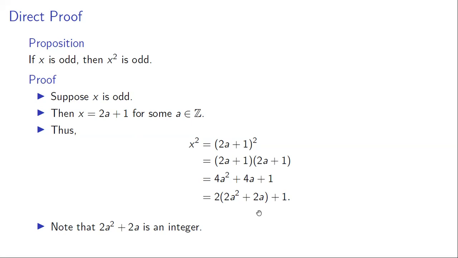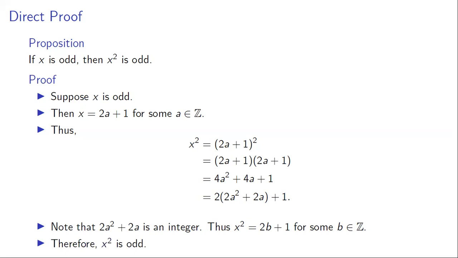So we know that 2a squared plus 2a is an integer. So now we have the form of an odd number. Thus, x squared is equal to 2 times b plus 1 for some integer b. Again, we have x squared in the form of an odd number. Therefore, x squared is odd. And that's the end of the proof.